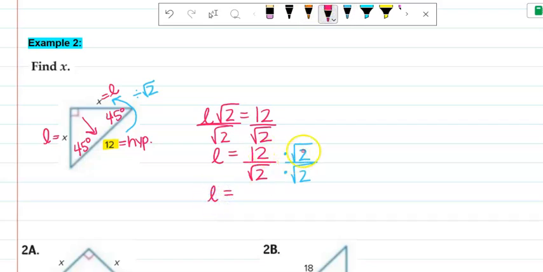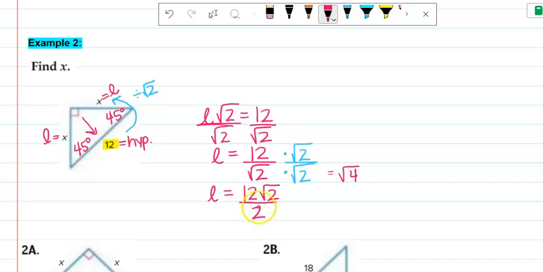So when that happens, 12 times the square root of 2 is 12 square root of 2. And remember what we just did above. Square root of 2 times the square root of 2 is really the square root of 4. And the square root of 4 is just 2. So it's great. We have our radical out at the bottom, but we can actually simplify this a little bit more.